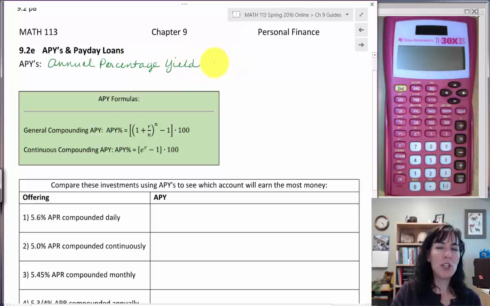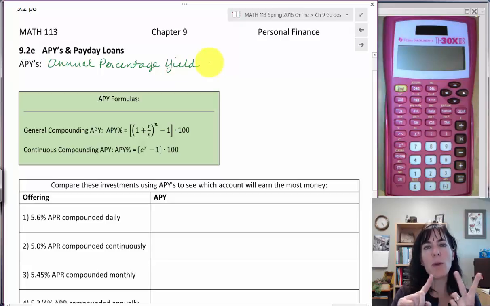So the annual percentage yield is just a standardized way to compare accounts. As we've already learned, you could have continuous compounding or any of the many general compounding types, or even simple interest. And it's really hard to tell which one is going to give you the best return if you have slightly different interest rates and different lengths of time that you're investing money.